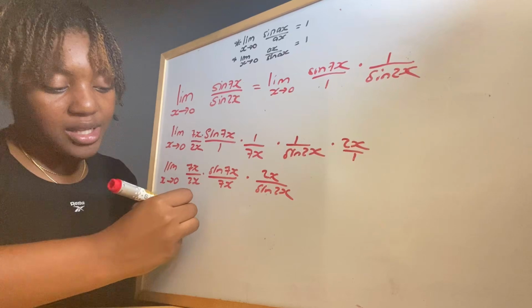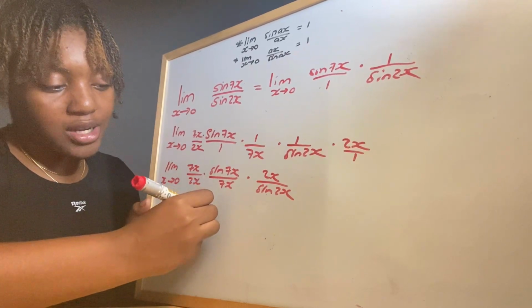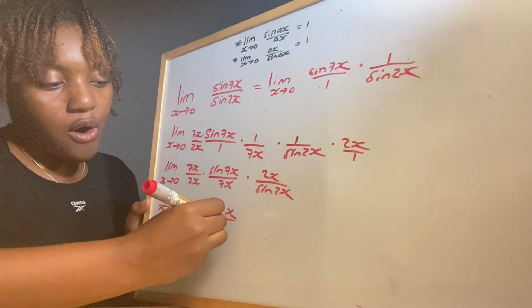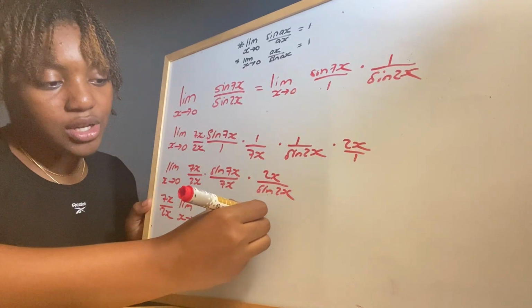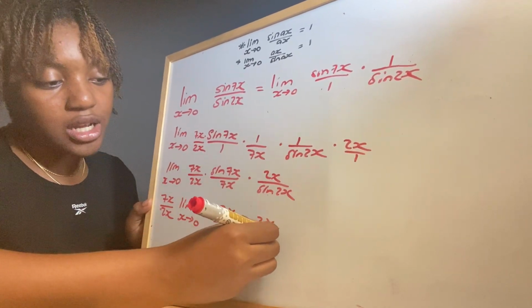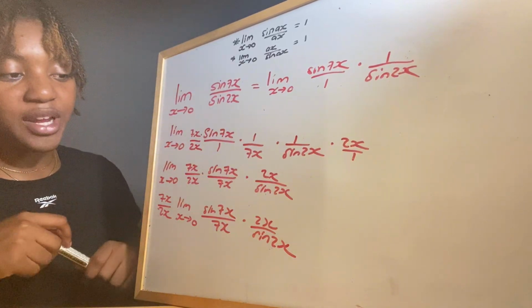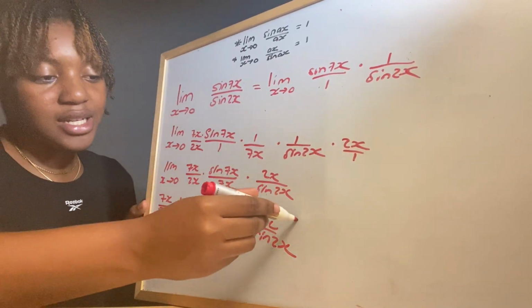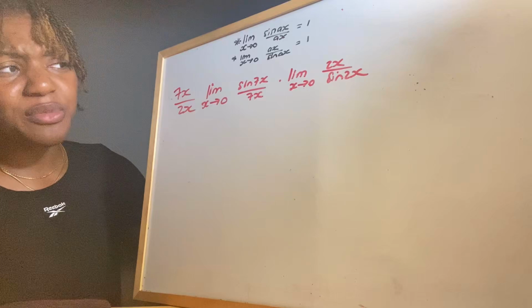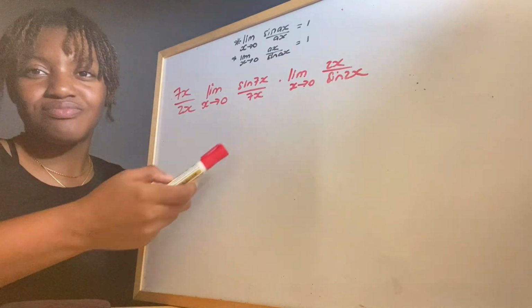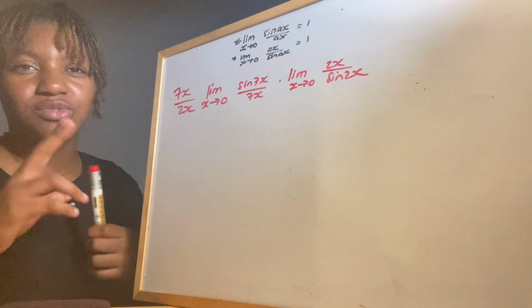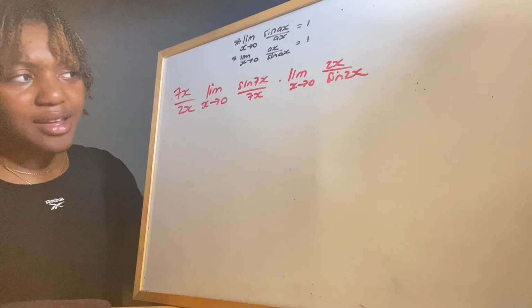Then we're going to have the limit as x approaches 0 for sine 7x over 7x times 2x over sine 2x. And from here, what we can do is separate the two limits. So as I was saying before, you separate the two limits, basically, the two functions. And then we go from there.